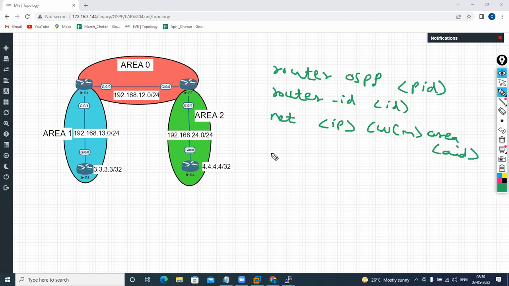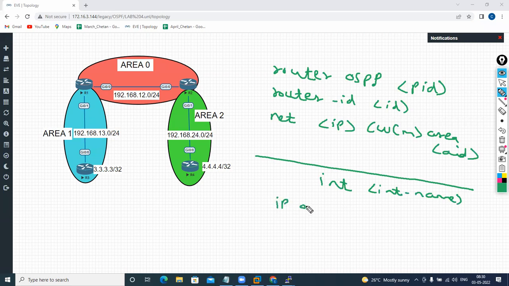This is one way. There is one more way, under the interface. You go to the interface name. The command is IP OSPF process ID, area and the area ID. This is the command. First way to enable OSPF, and this is the second.